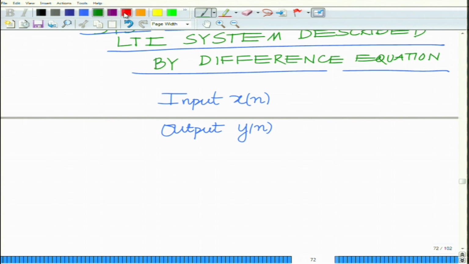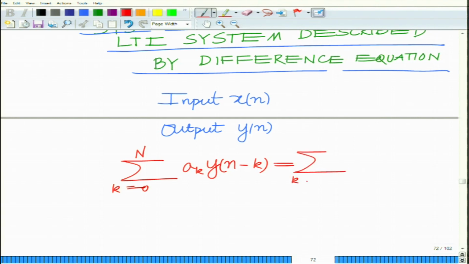Then the difference equation representation is given as follows: the summation over k from 0 to N of a_k y[n-k] equals the summation over k from 0 to M of b_k x[n-k]. Now, this is known as a difference equation.